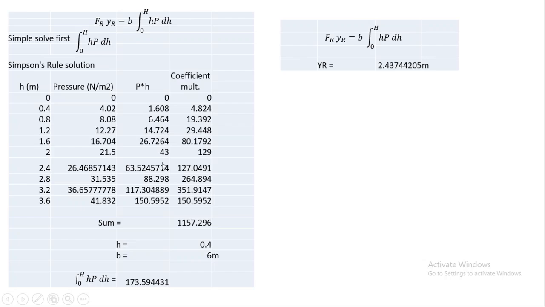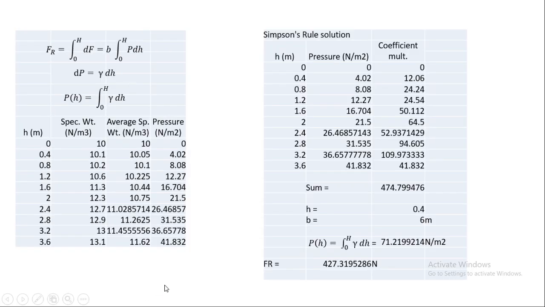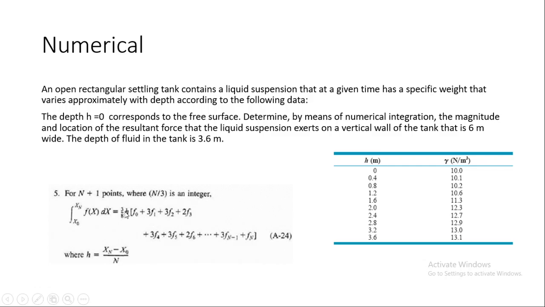Again we utilize the coefficients 1, 3, 3, 2, 3, 3, 2, 3, 3, 2 series, and end up with 1. Similar work I have done here and got the summation of that, and in a similar way I determined the value of h. The integral part will be equal to 173.594431 by this formula, 3 divided by 8 multiplied by h and the sum.